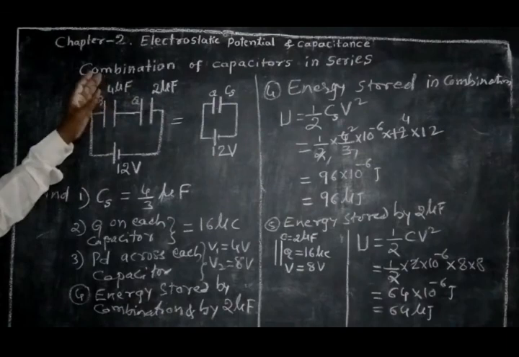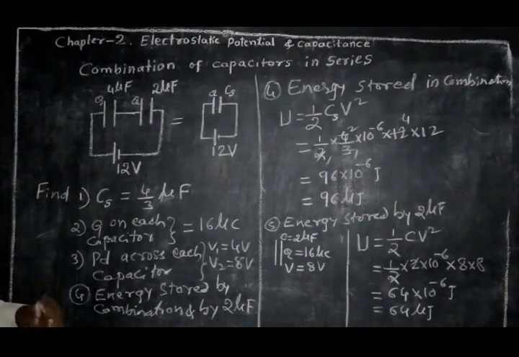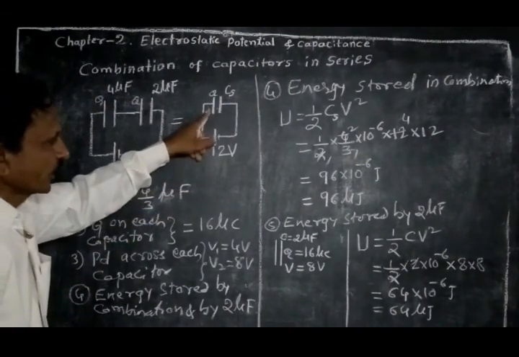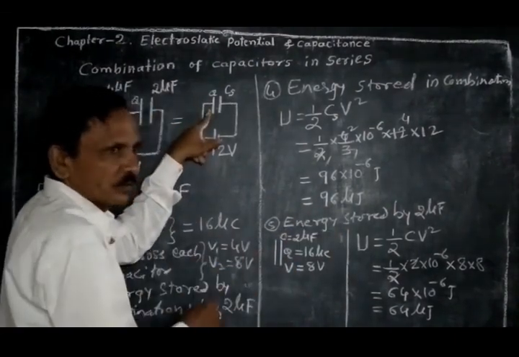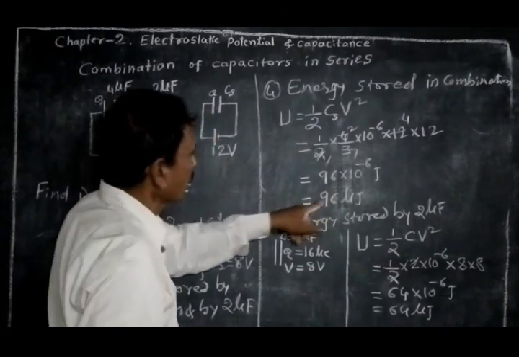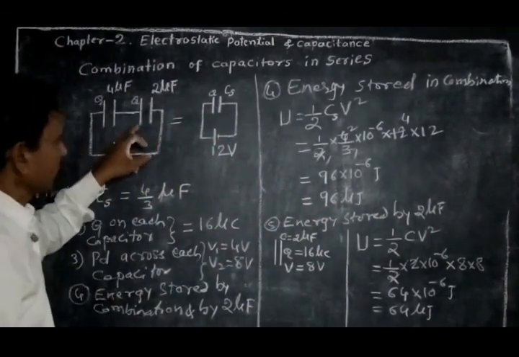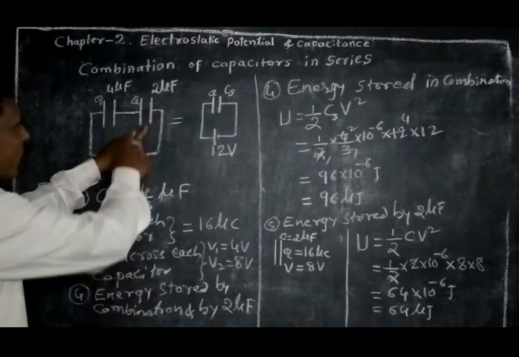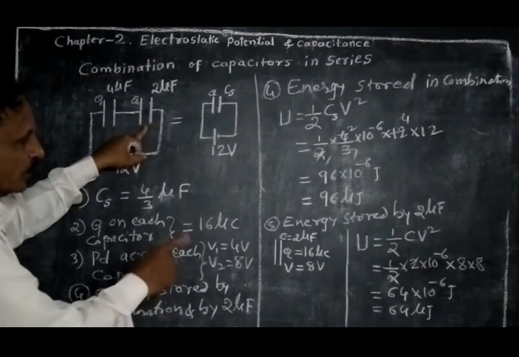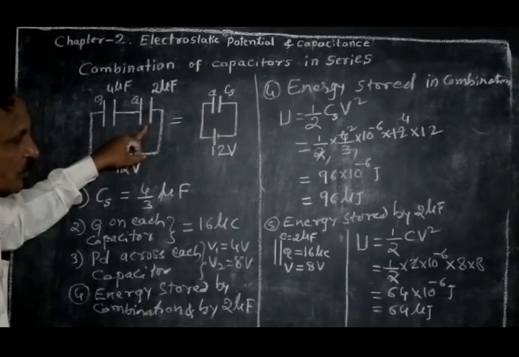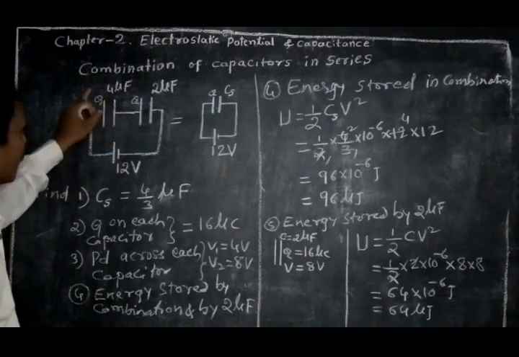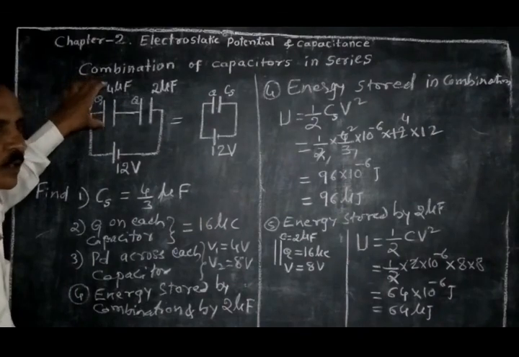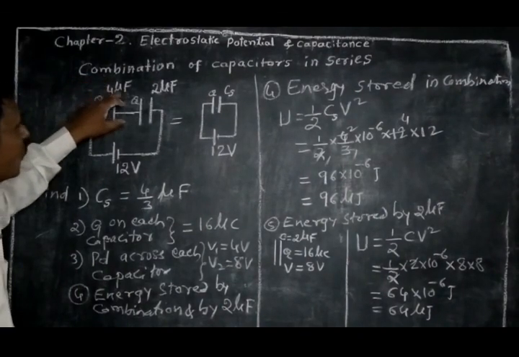Then what is the energy stored by 4 microfarad? Total energy stored is 96 microjoule, and out of 96 microjoule, 64 microjoule is stored by 2 microfarad. Then 96 minus 64 is equal to 32, and 32 microjoule is stored by 4 microfarad.